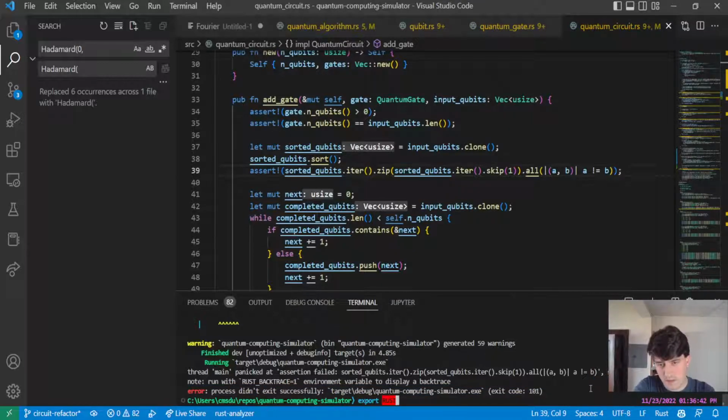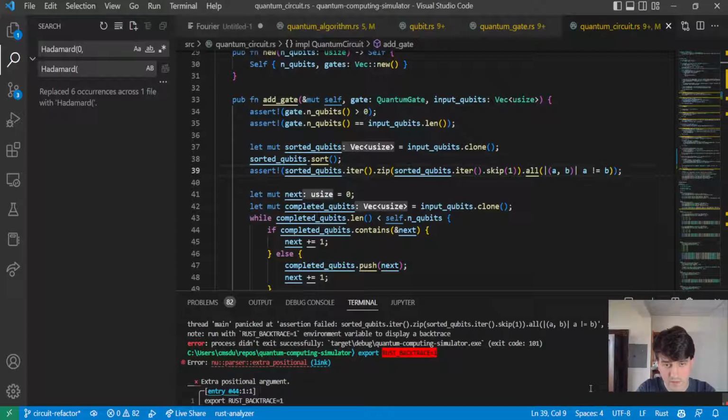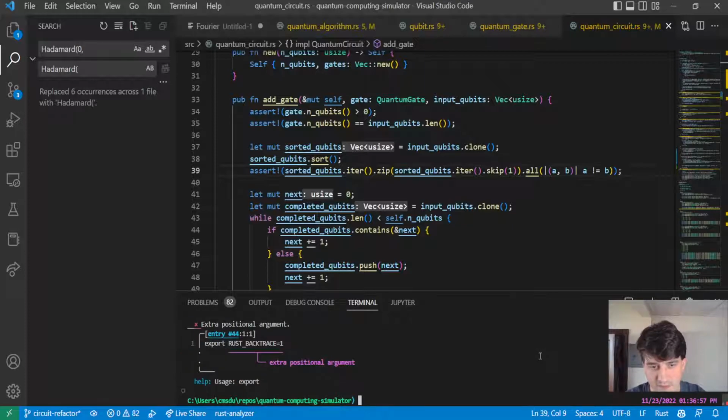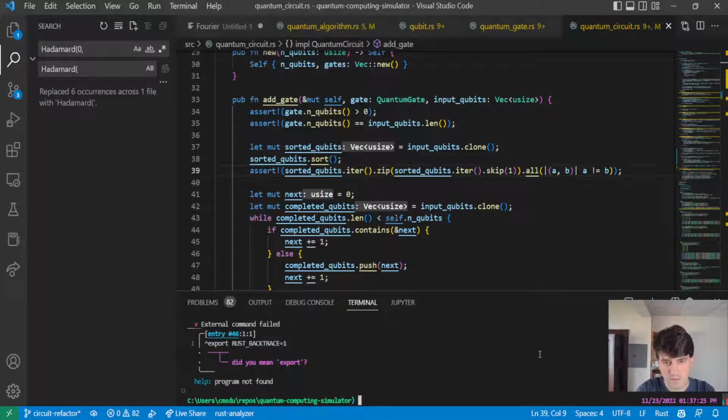Export RUST_BACKTRACE is 1. Oh man, am I not allowed to? I'm using a new terminal called Nushell. It's a Rust-based terminal, and export doesn't do the thing I want it to do. I think I can do it like this though. Interesting.